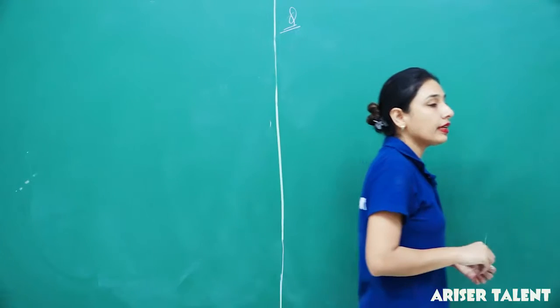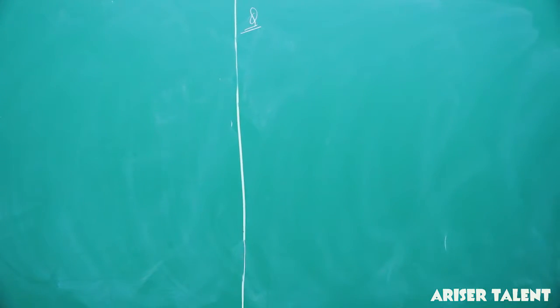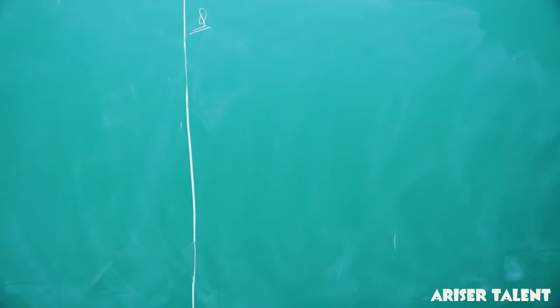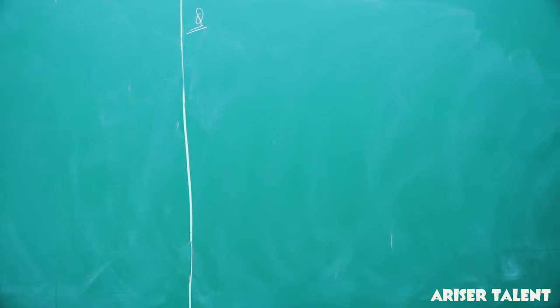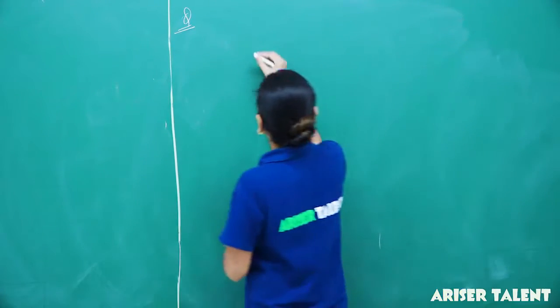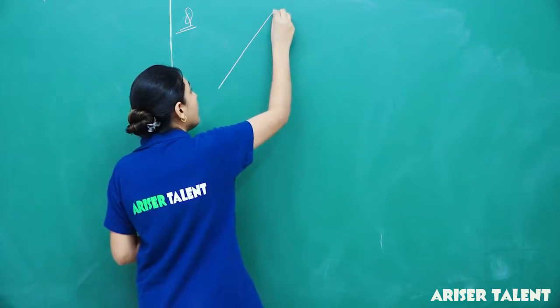So, you are given a triangle ABC, where DE is parallel to BC.